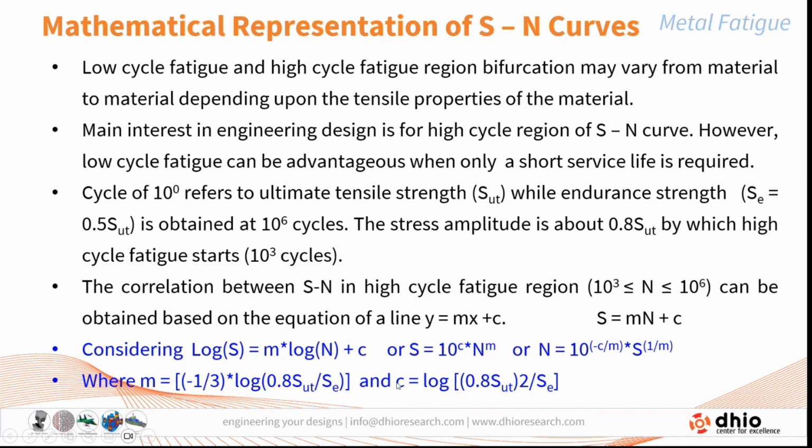And c is the intercept of the high cycle fatigue curve with the vertical axis, which is found to be log of 0.8 of ultimate tensile strength squared divided by the endurance strength of the material.